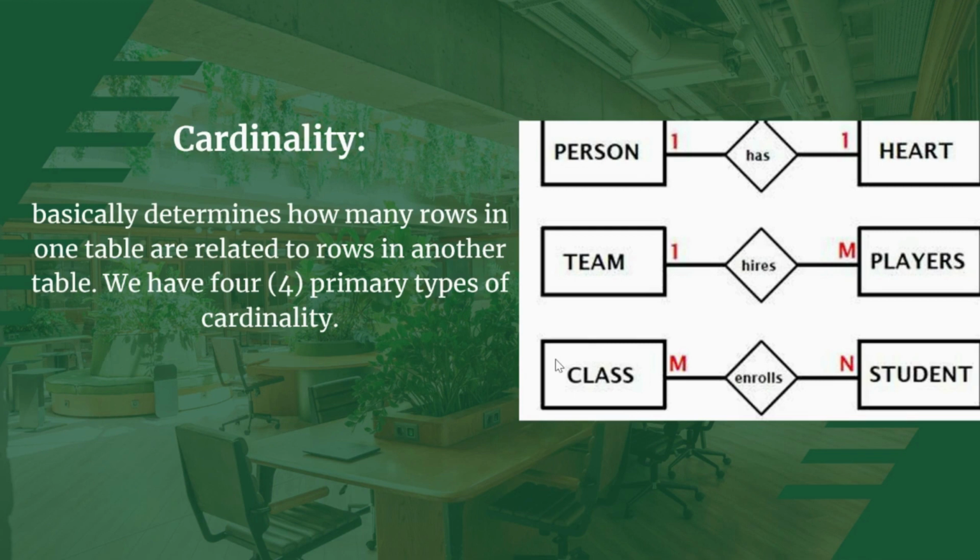For example, as we can see on this screen now, one person has one heart. That's a one-to-one cardinality. The one team hires M employees. That's a one-to-many cardinality because one team can have as many employees, as many players as they want, right?